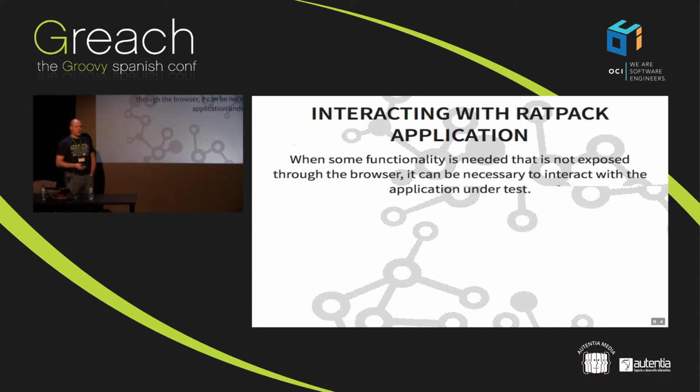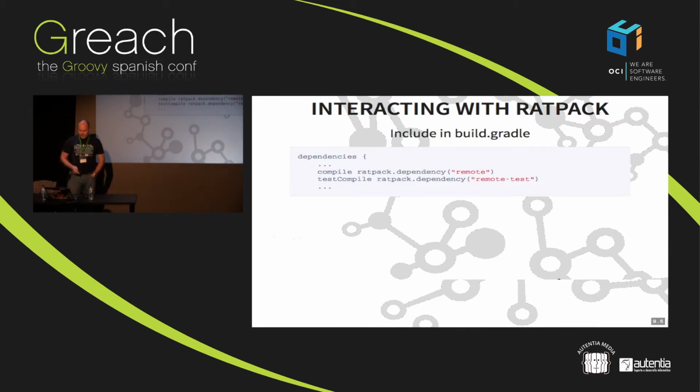In case we want to work with the application, something that is not exposed through the API, for example, verifying that whenever I do something in the UI, that is actually persisted in the database, it could be necessary sometimes. If that's the case, in Ratpack, we compile in a few dependencies to the remote control plugin and the remote control in test.